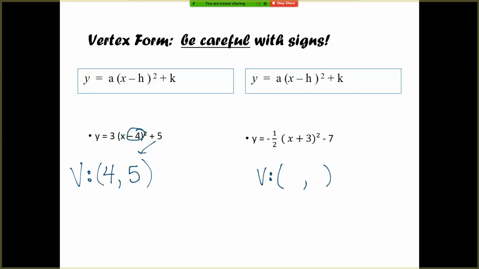All right, so hopefully when you wrote your vertex, you took the 3, changed it to a -3, because you want the opposite sign from the inside. The k on the outside stays the same, so just -7 gets brought down.